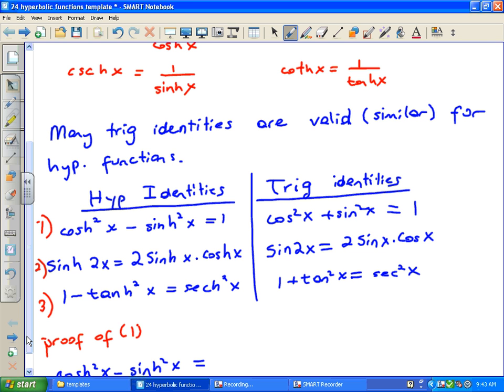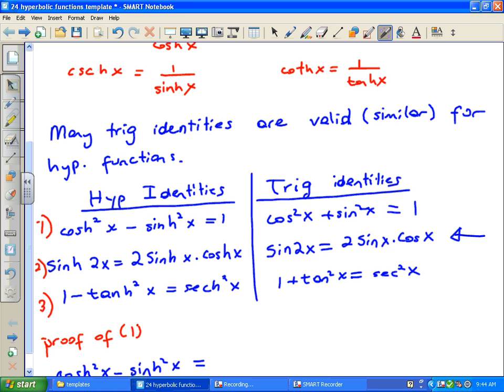So for example, we know that cosine squared plus sine squared is 1, right, in trigonometry. In hyperbolic world, cosine squared minus sine squared hyperbolic is equal to 1. In trigonometry, we know a double angle identity for sine 2x.